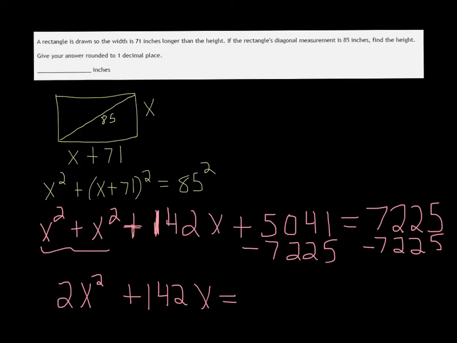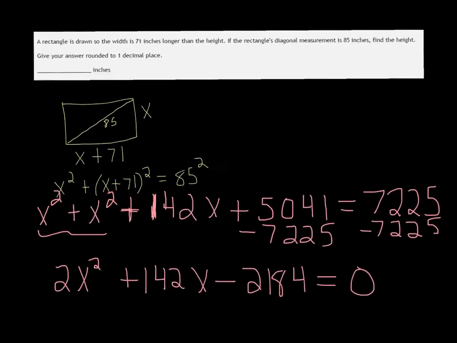Oops, I didn't mean to write equal to. That should be minus 2184. That equals 0. Alright, so we have a quadratic equation on our hands, and we want to try to solve that.